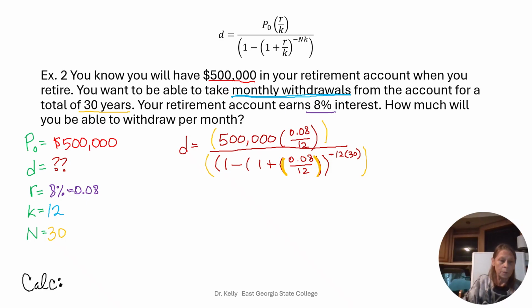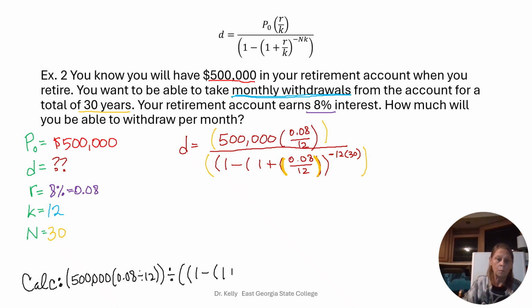So it's going to be open, a cool half mil here, 500,000 times 0.08 divided by 12, close, close, divided by, now here we go with the bottom. 2 opens, 1 minus an open, 1 plus open, 0.08 divided by 12. Be careful here.